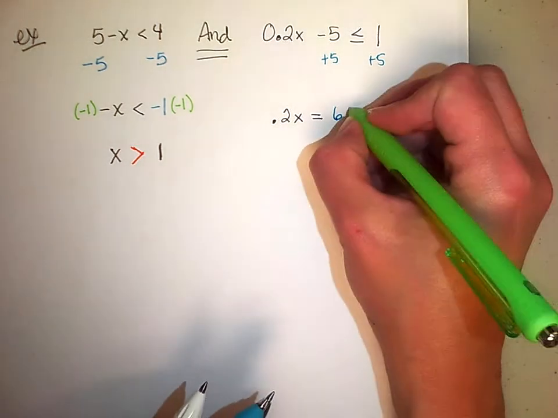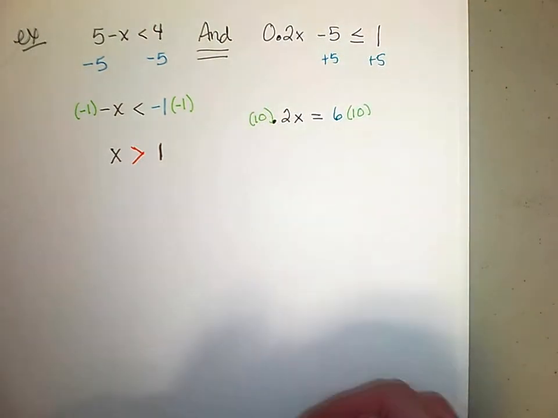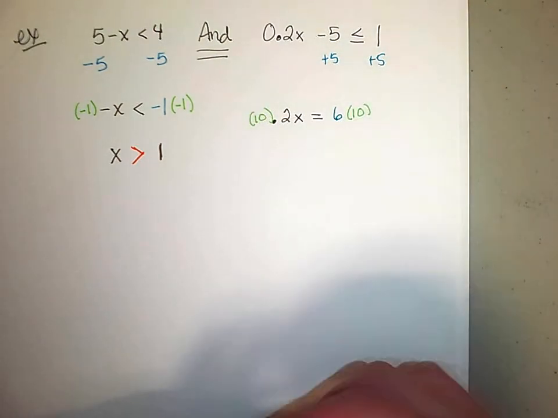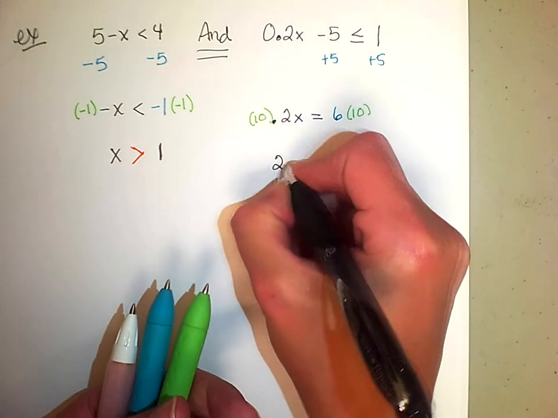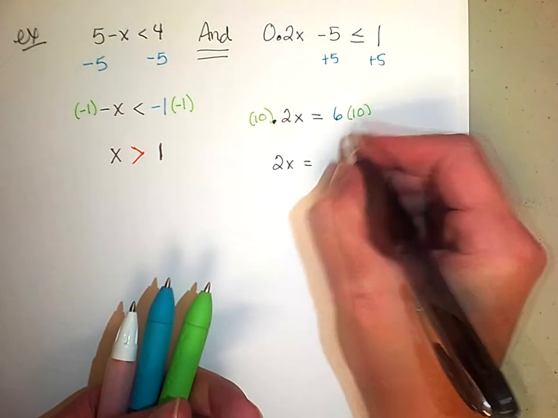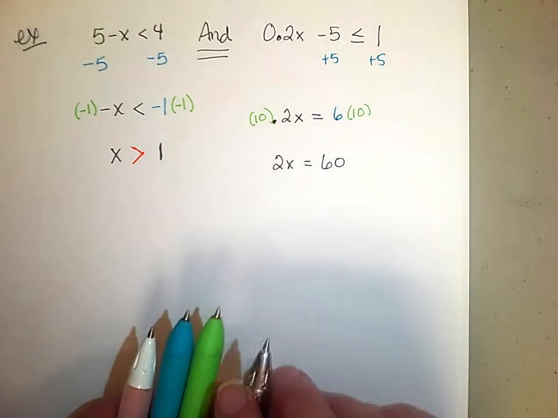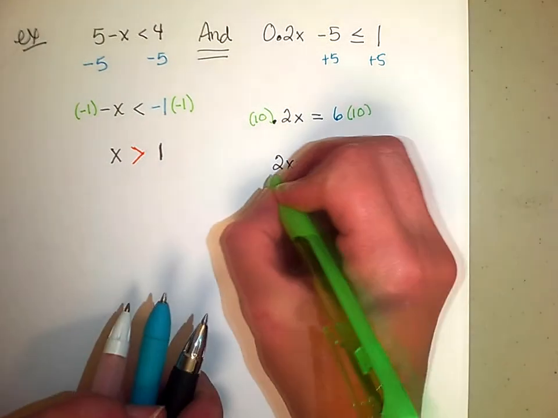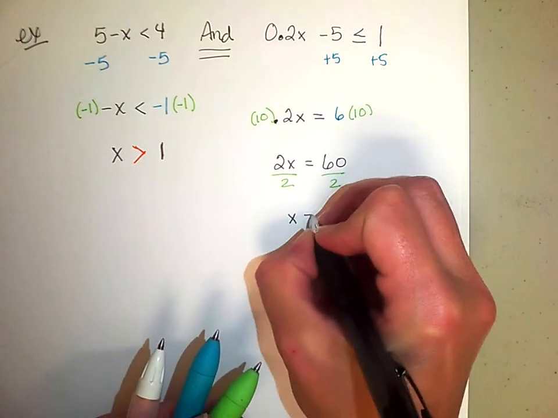So that's okay. Let's just multiply each side by 10 to get rid of that decimal. So on this side, multiplying by 10 is the same as moving your decimal point one place. So we get 2x is equal to 60. And now we can divide by 2. So that x is equal to 30.